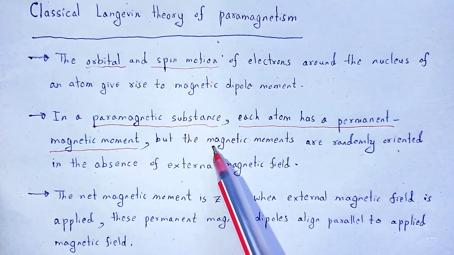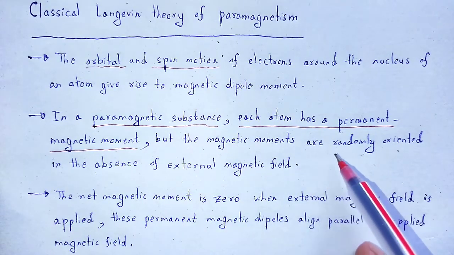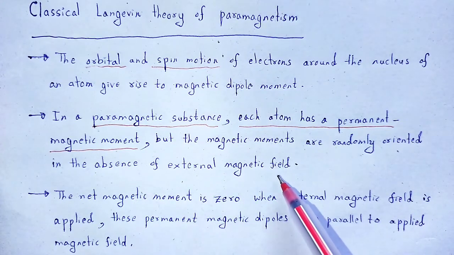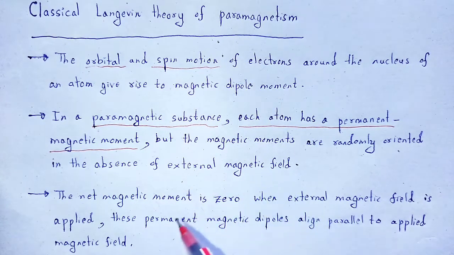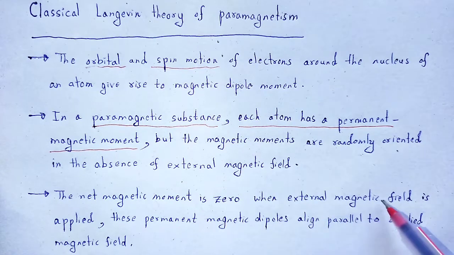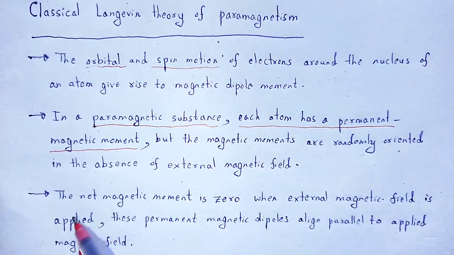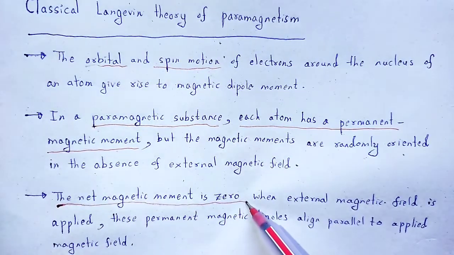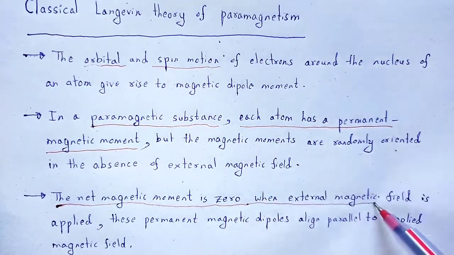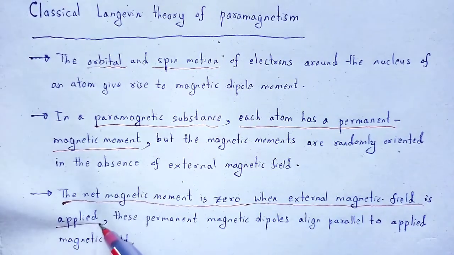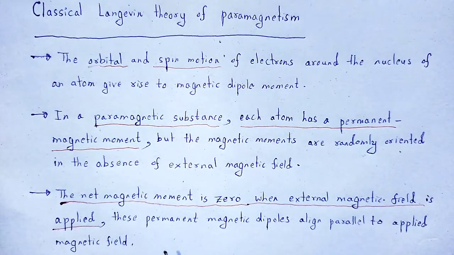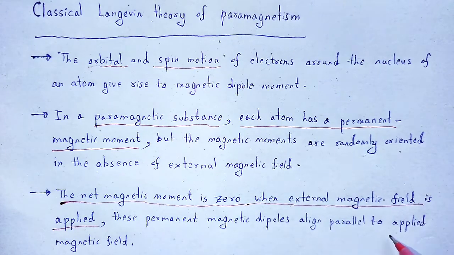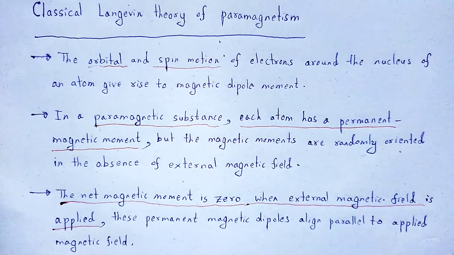But these magnetic moments are randomly oriented in the absence of an external magnetic field, so the net magnetic moment is 0. When we apply the external magnetic field, these permanent magnetic dipoles align parallel to the applied magnetic field.